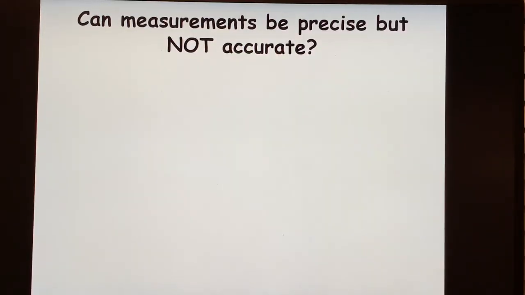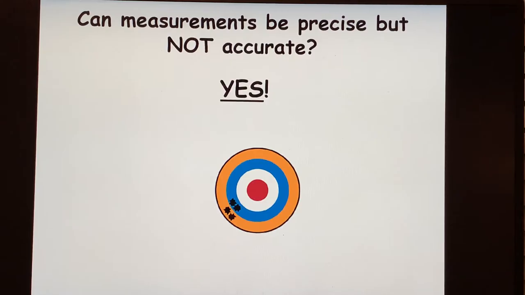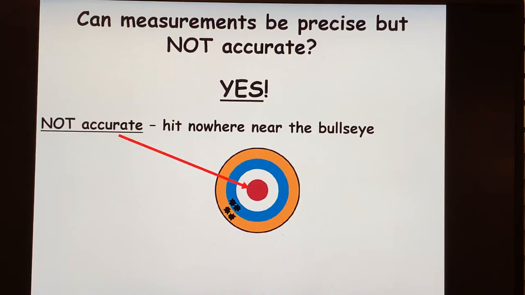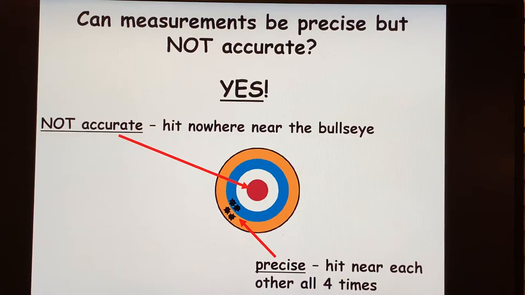Can measurements be precise but not accurate? Take a moment to think about that. Can they be precise but not accurate? Sure they can. Look at the target. We already talked about that. Accuracy would be the bullseye, right? So not accurate, hit nowhere near the bullseye.